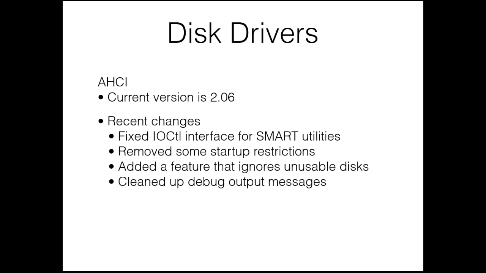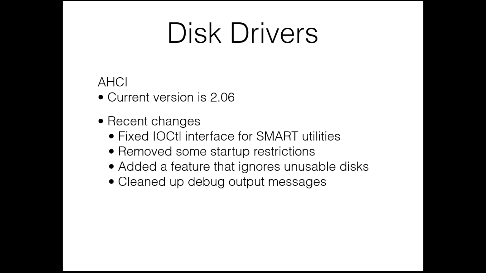A major thing that got added in this most recent version is a feature to ignore unusable disks. What this feature does is it reads the first sector on the disk and tries to determine if it's an MBR style disk or if it's been wiped. Those are the only two conditions which cause it to be a usable disk. It must have an MBR disk structure or it must be wiped.